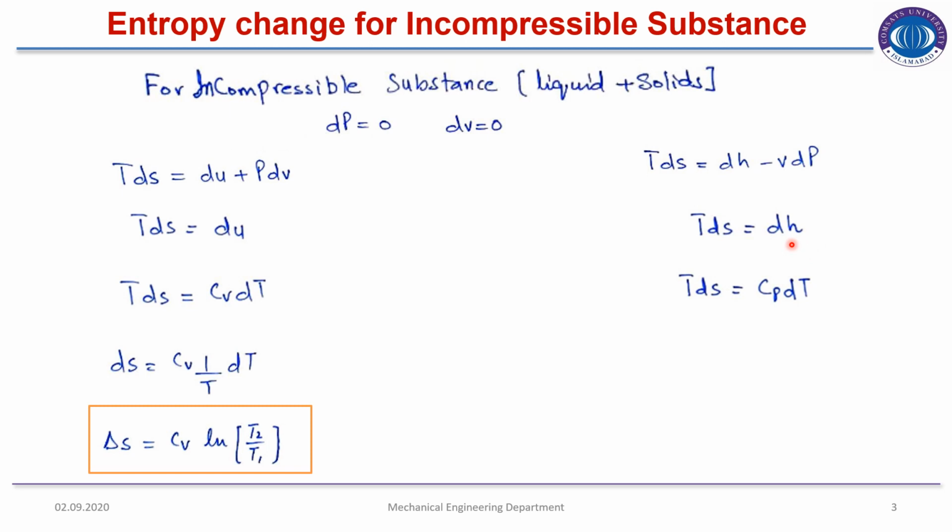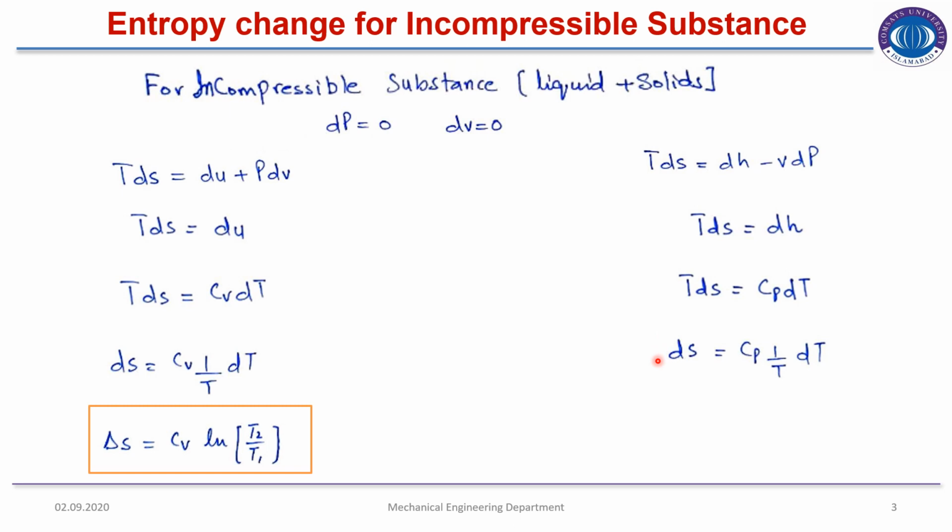H is the specific enthalpy and its relation is CpT. So for change of specific enthalpy, the relation is Cp dT. Here we have inserted the value of change of specific enthalpy, that is TdS is equal to Cp dT.